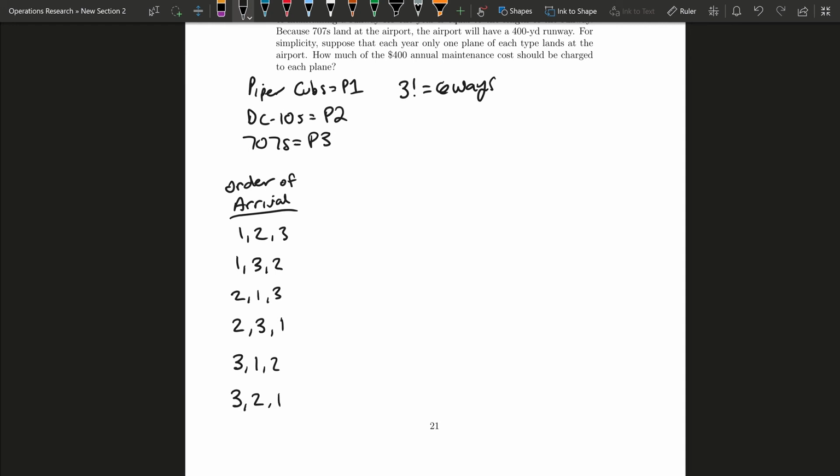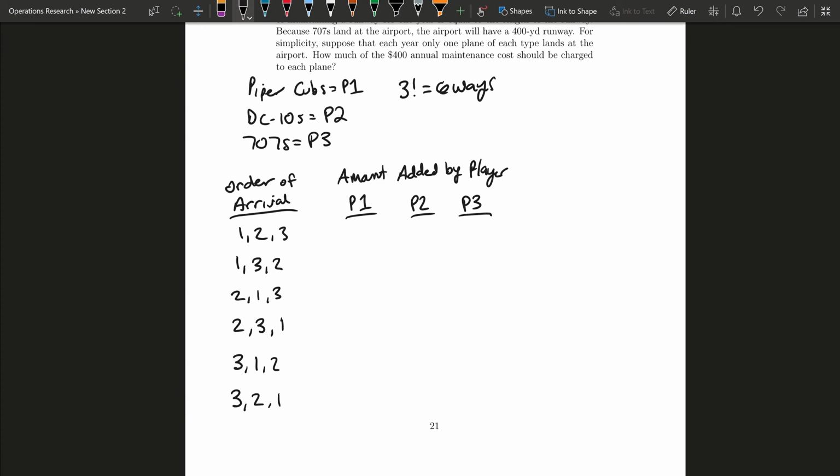Those are our 6 ways that we can have players arrive in the coalition. And then again, we've got amount added by player arrival for player 1, player 2, and player 3.